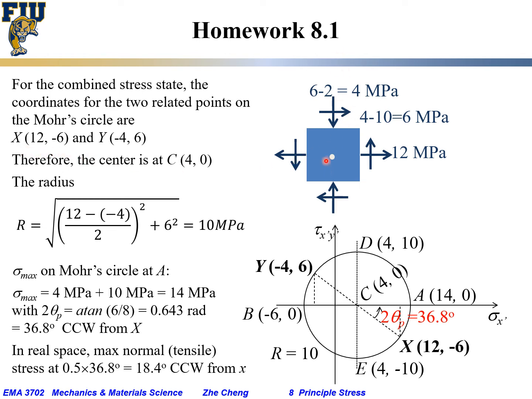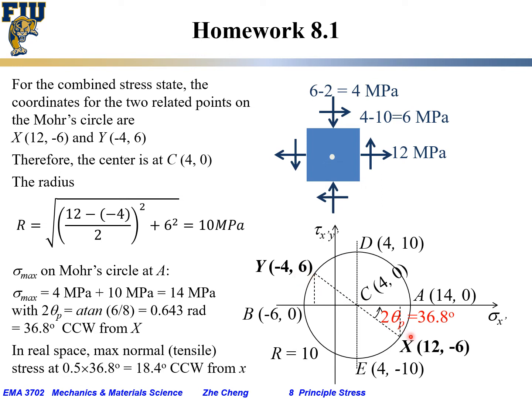The y coordinate would be 4 for normal stress but going in, so -4 comma, and then the shearing stress also 6, and it's trying to rotate the unit clockwise, so +6. So we have the coordinates for two related points: X is 12, minus 6, and y is -4 comma 6.